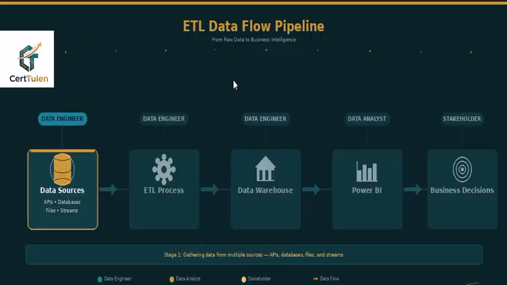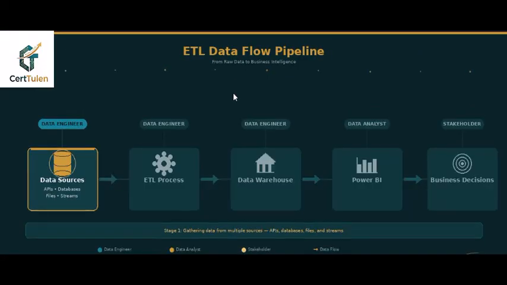This is the sample structure of an ETL data flow where the two roles, data engineer and data analyst alone, are able to achieve everything from gathering the data from the data source until the visualization stage. Let's recap. The data engineer is responsible for gathering data from multiple sources like APIs, databases, files, and streams.